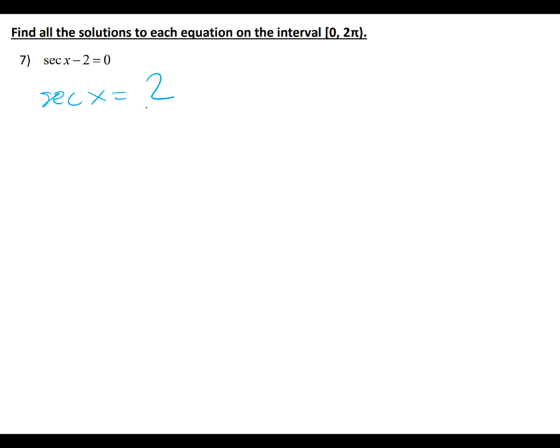Okay, cosine. What do we know is their relationship? How do I get from secant to cosine? Flip, it's called reciprocal, right? So we know we're looking for the cosine of 1/2. Alright, is cosine the x value or the y value? X. So where is the x value equal to 1/2?